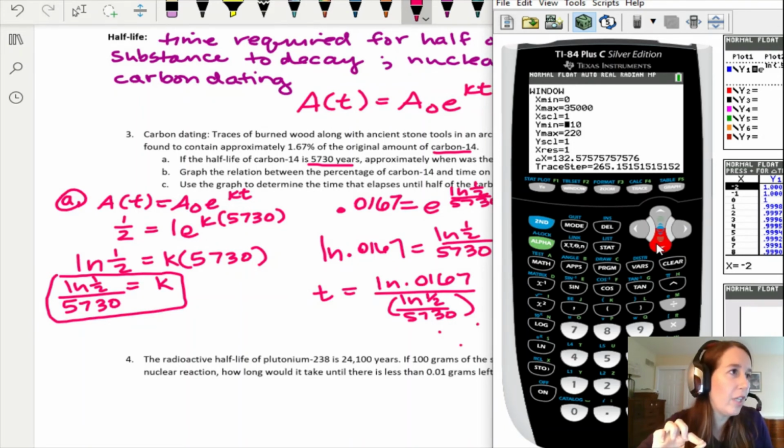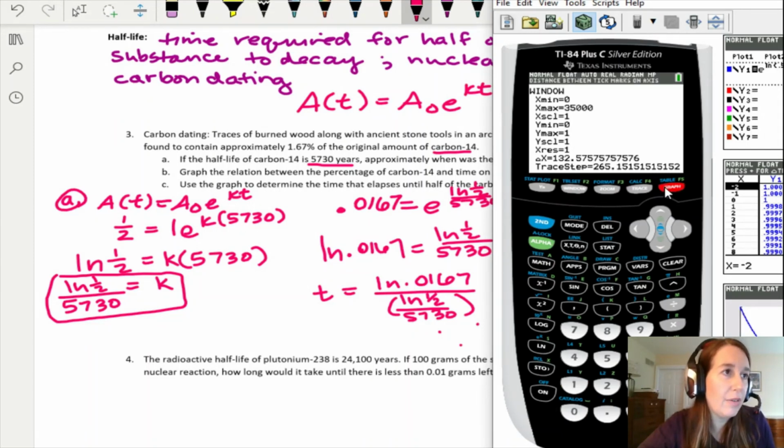We were just given that 1.67% remained. Okay, and we used the value 0.0167. So the amount that we have is actually between 0 for y min and 1. Okay, 1 being all and 0 being none. So we want to set that to 0 and 1.